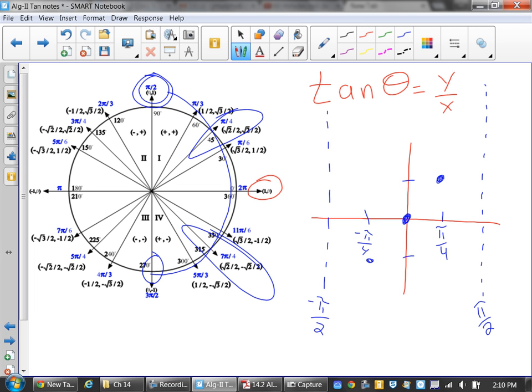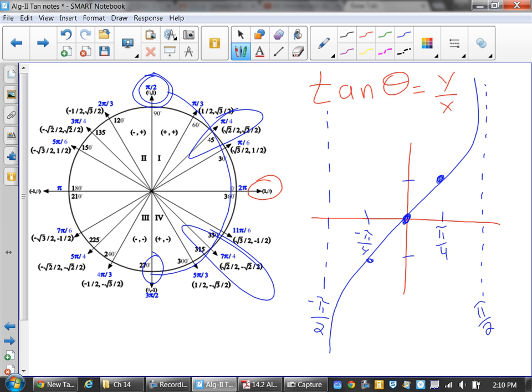So your tangent graphs are this. Tangent graphs have 3 easy points and 2 asymptotes: 0, 0, pi over 4 and 1, negative pi over 4 and negative 1. Except if they're shifted.